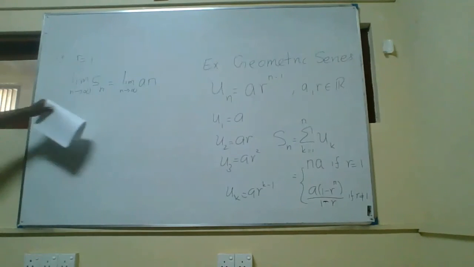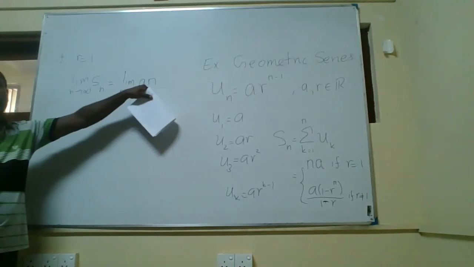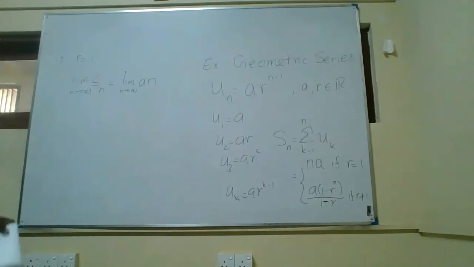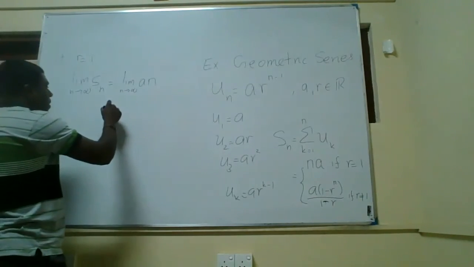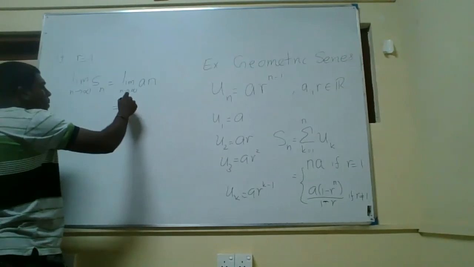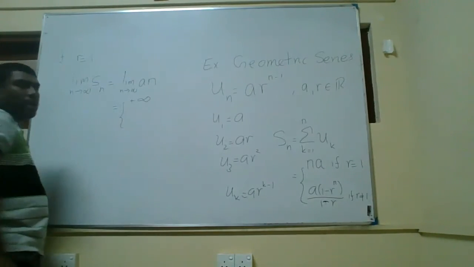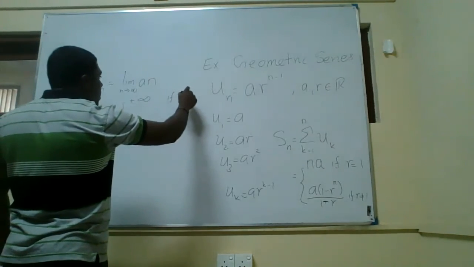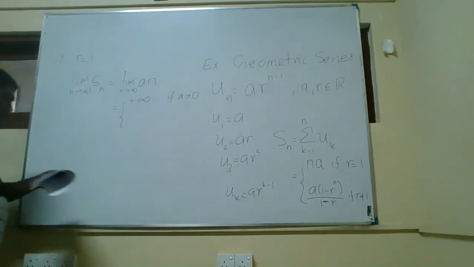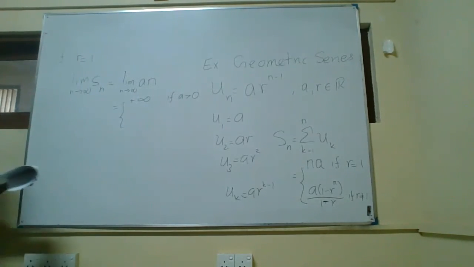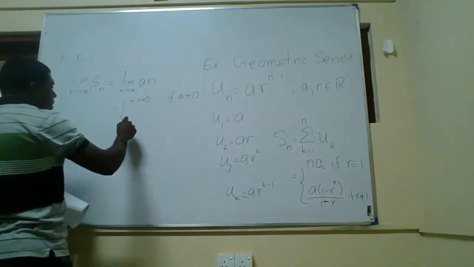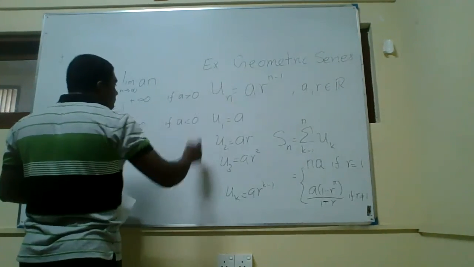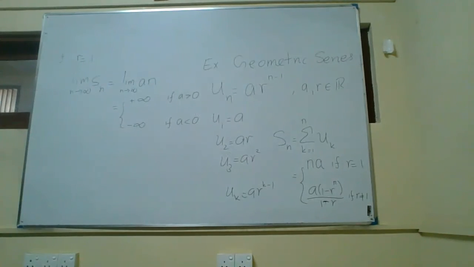When you take the limit of Sn, it is basically the limit of na as n goes to infinity. So if a is positive, this goes to plus infinity. If a is negative, it goes to minus infinity.